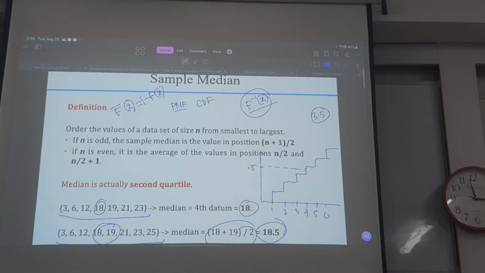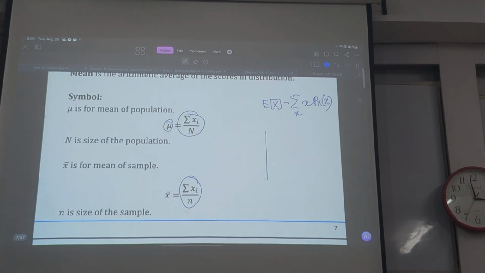When it is a given number, then where will 0.5 be? You will have one value here. So the inverse of the CDF, if the CDF is 0.5, gives you the value of x. It will return the median of the data because it will point to the median data, right?